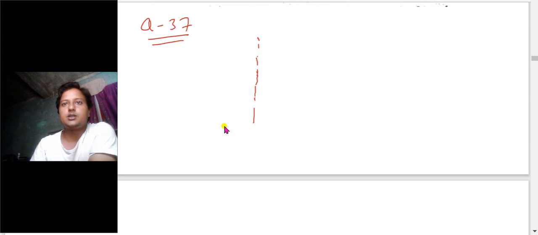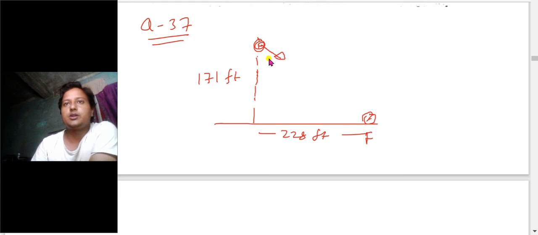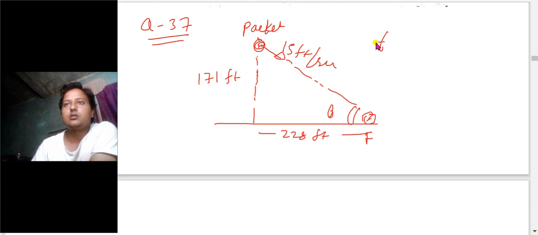the height of the packet is given as 171 feet and the distance of his friend is 228 feet. The packet is aimed toward the friend with a speed of 15 feet per second. If this angle is theta, tan theta is 171 over 228.